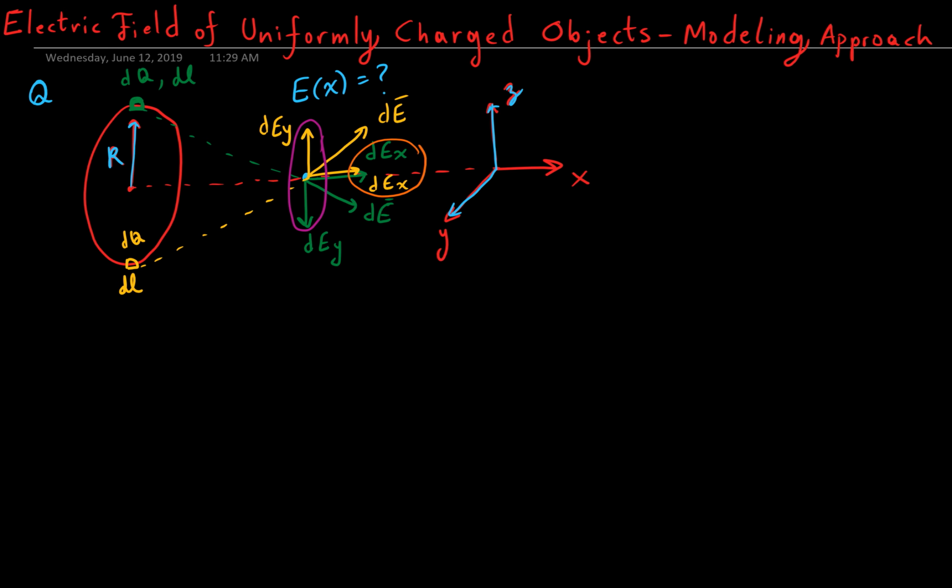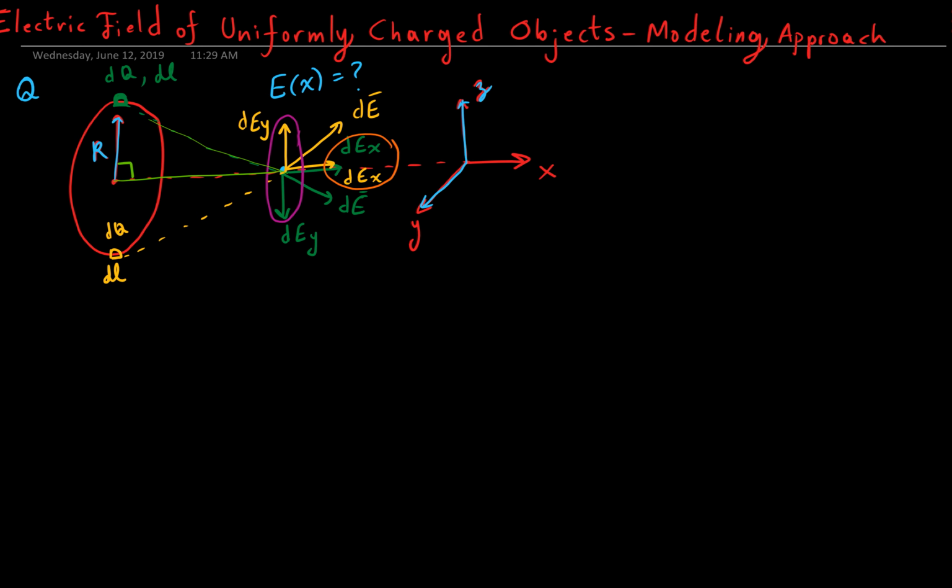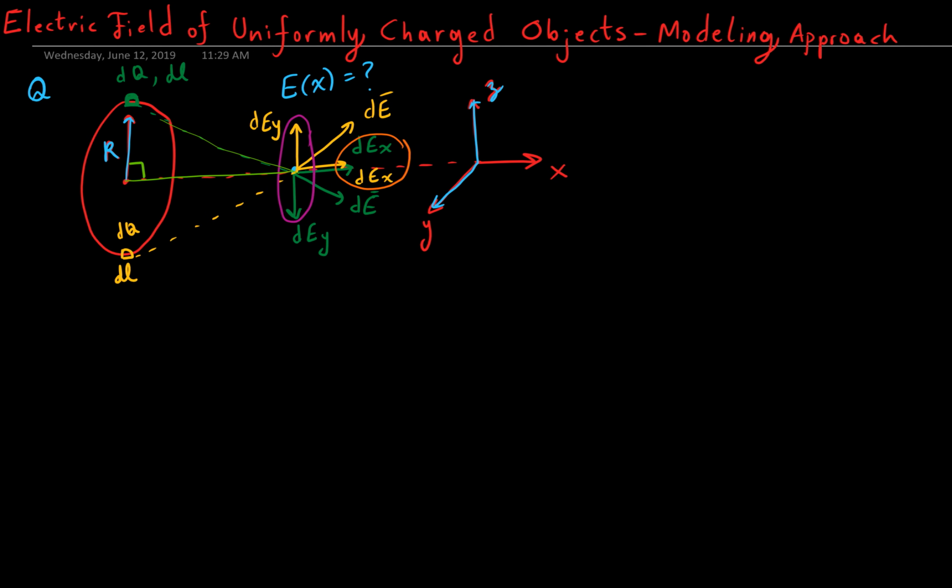Okay, so we can further recognize something else about this scenario. There's a right triangle hiding here. Aha! We see that one leg is the radius r of the ring. The other leg is our distance x along the x-axis. So our hypotenuse will be the square root of r squared plus x squared, in lieu of the Pythagorean theorem.